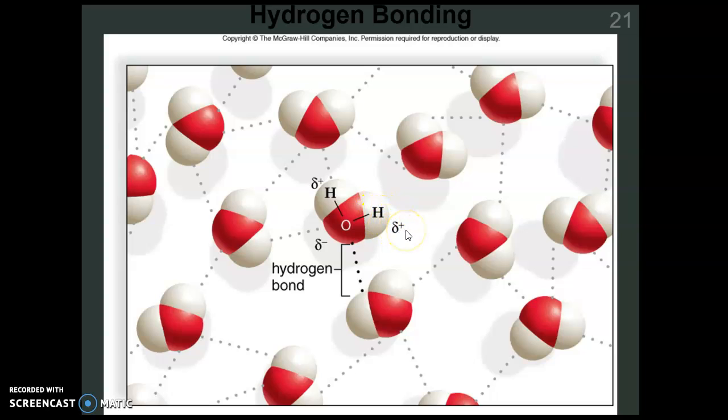Hydrogen has a slight positive charge here and here, and the oxygen has that slight negative charge. So the oxygen of this molecule is bonded to the hydrogen of this molecule. So that's that weak hydrogen bond between molecules, shown as a dotted line here. And this forms a lattice with several different water molecules.